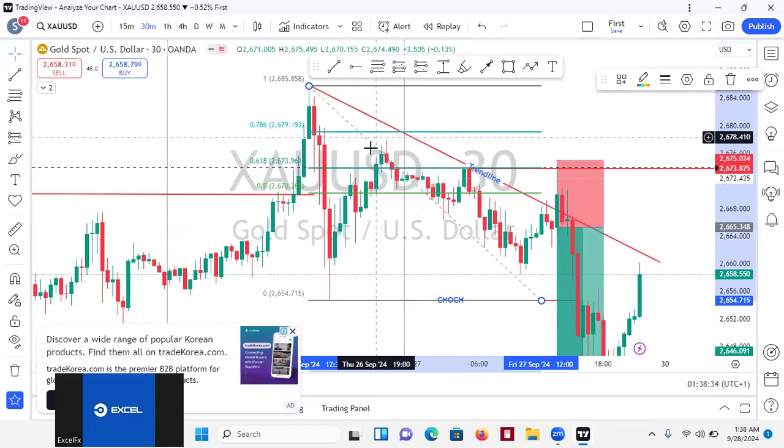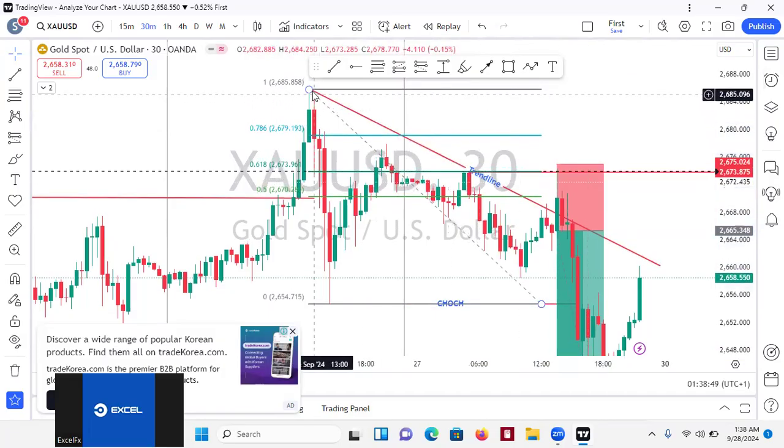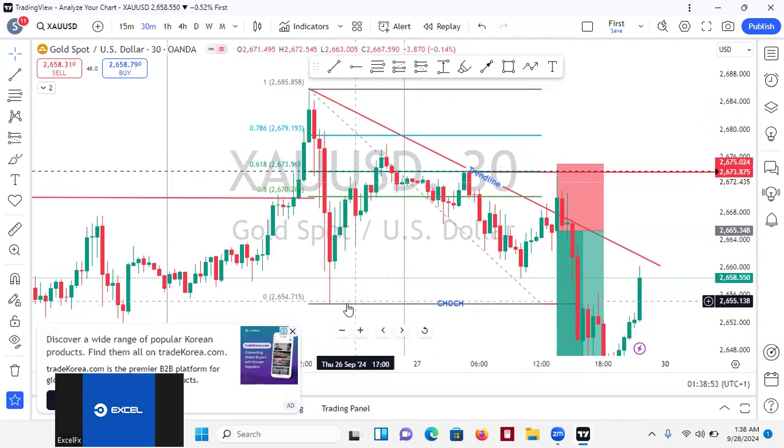The retracement ended between the 61.8 and the 78.6 Fibonacci retracement level. So that's basically how you can use the Fibonacci retracement for a downtrend. You start by connecting the high down to the low of the trend.